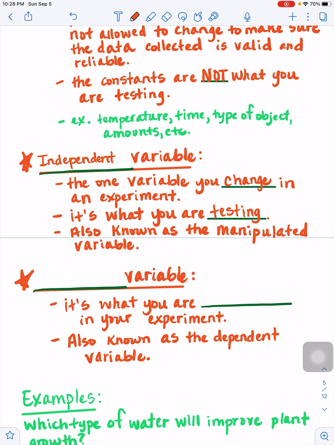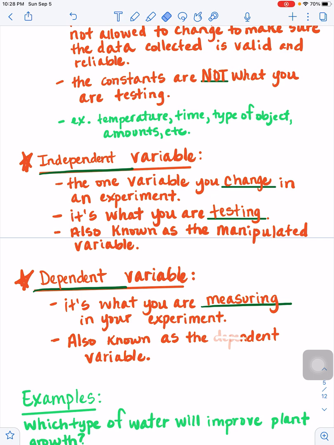And the other type of variable is the dependent. So we're going to fill that in. The dependent variable is what you are measuring in your experiment. So it is dependent on what you're changing. It's dependent on the independent variable. Oh, whoops. I didn't mean to put dependent. It's also known as the responding.